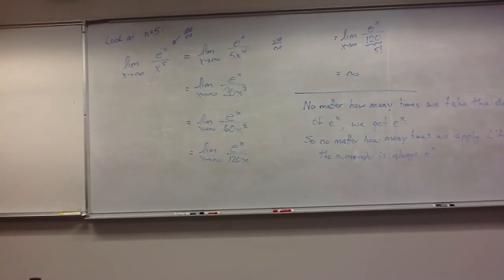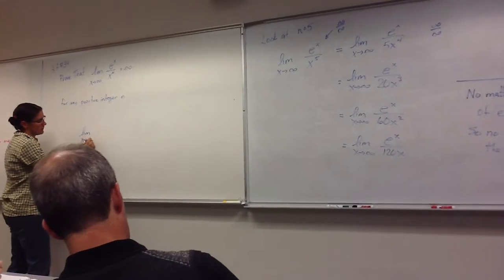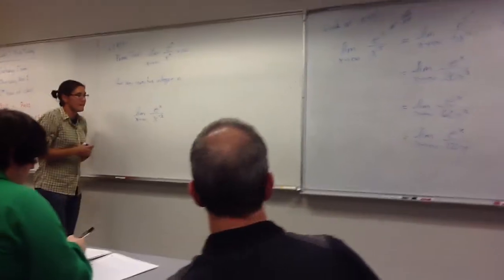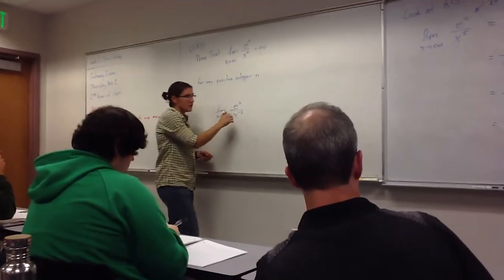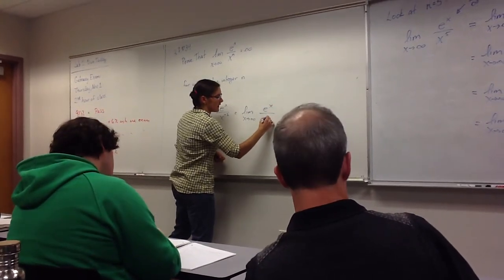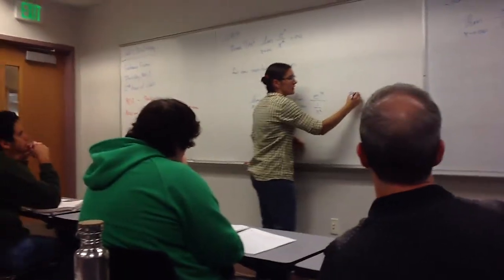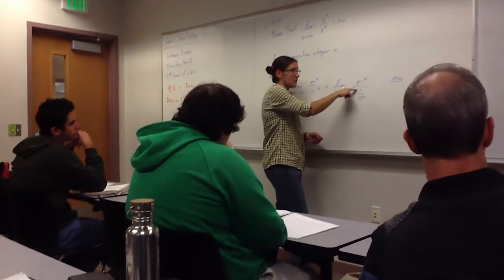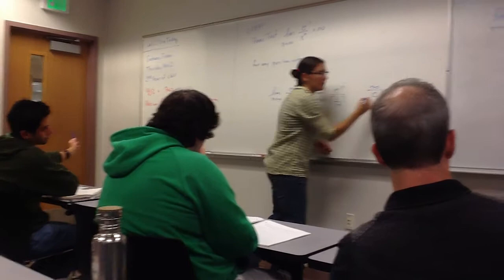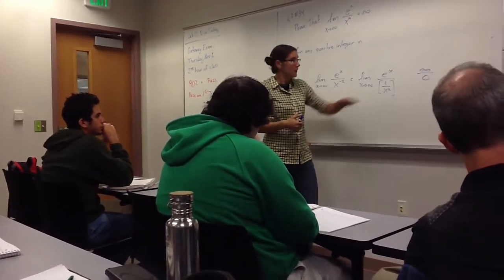Well, if n is negative, if I have something like the limit as x goes to infinity of e to the x over x to the negative 2, well, now x to the negative 2 is really the same as e to the x over 1 over x squared. And so now my numerator is going off to infinity, but as x goes to infinity, 1 over x squared is going to 0, and so I have infinity over 0, which doesn't really work with L'Hopital, and we'd have to think about a different way of dealing with this.